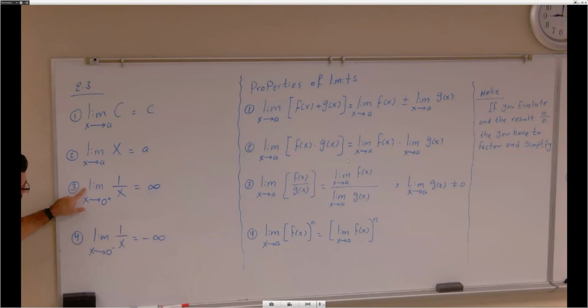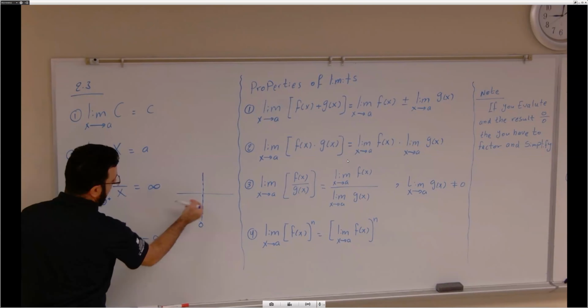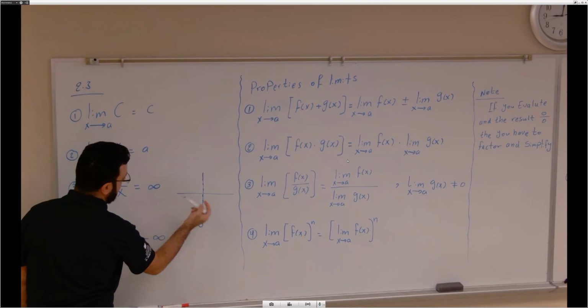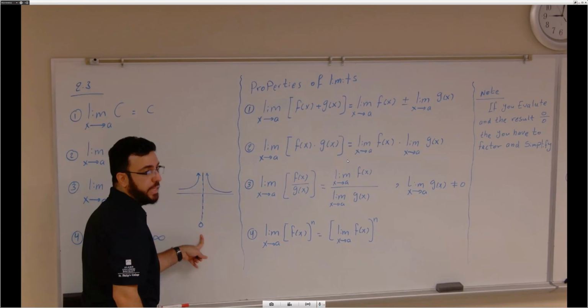That means 0 is an asymptote. So when it approaches 0 from the right side, it's going to go up. From the left side, the limit also is going to go up because 0 is a vertical asymptote.